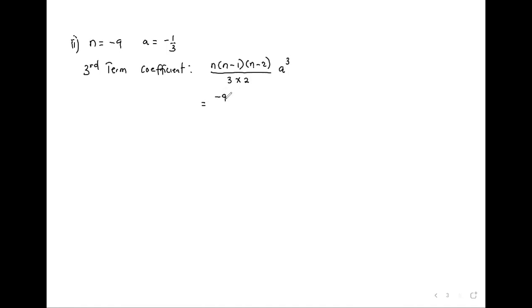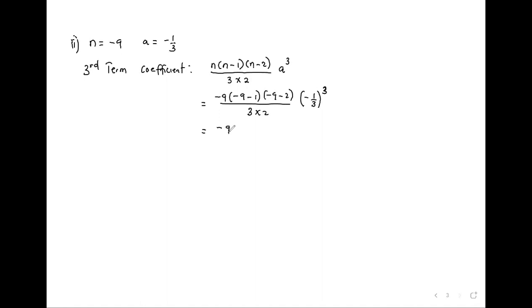N is -9, so -9 minus 1, -9 minus 2 over 3 by 2. I can leave it like that. And then a, -1/3, to the power 3.